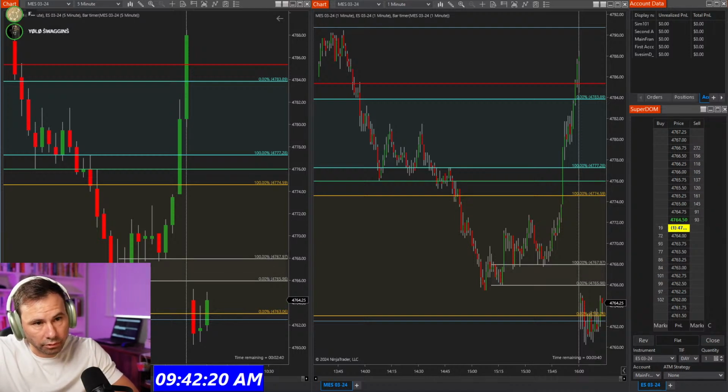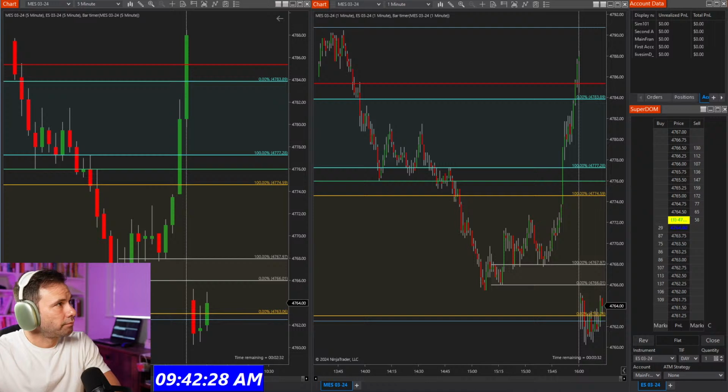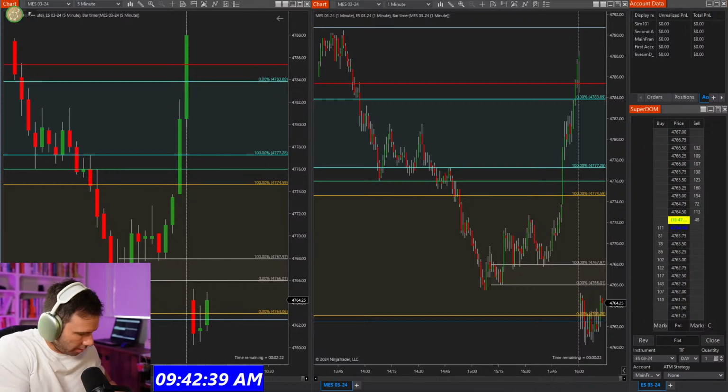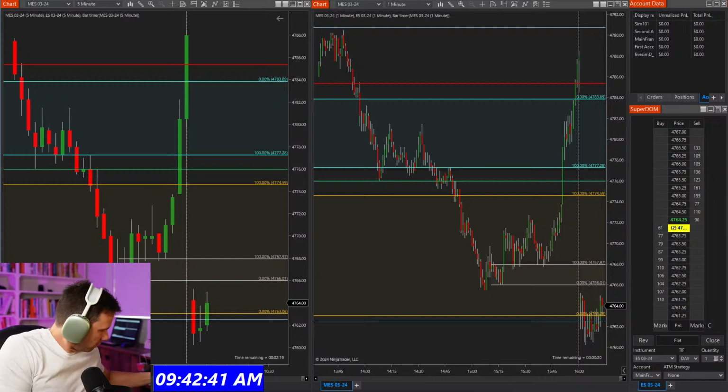See what happens here. So I have this level, 66 to 68, and I want to see what this does here. The tick chart is at 0 right now.